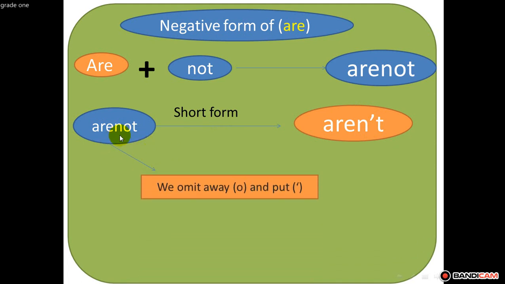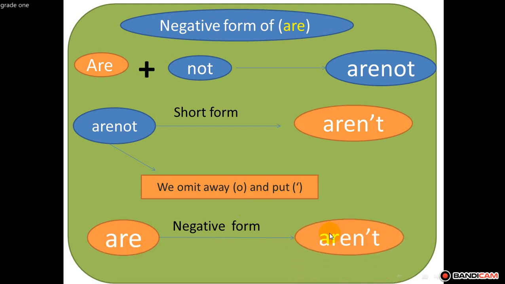So we omit the o and put an apostrophe. This is an apostrophe. So the negative form of are is aren't. The negative form نفي are هو aren't.